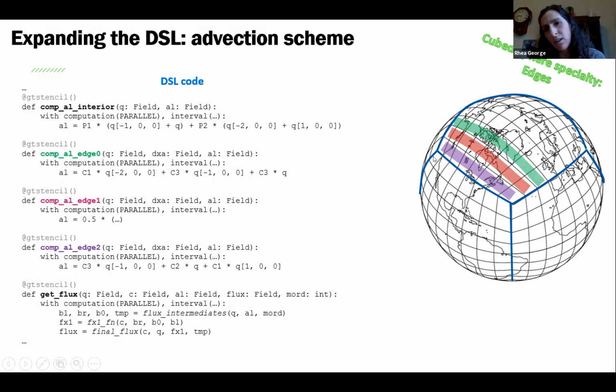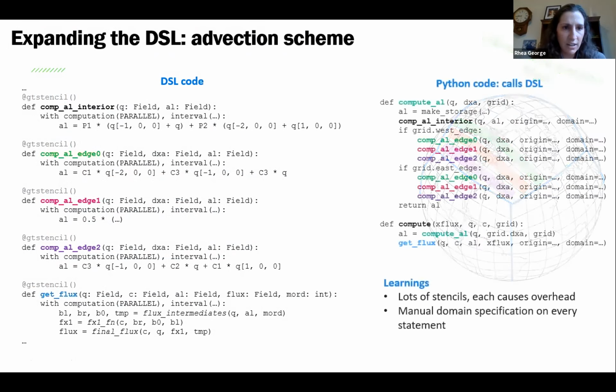Here the different colors represent different calculations as you get close to a tile edge for the advection scheme. Initially every line there had to have a separate calculation, and then in the Python code, we had to call those separately with different domain specifications. And that's fine, that worked.